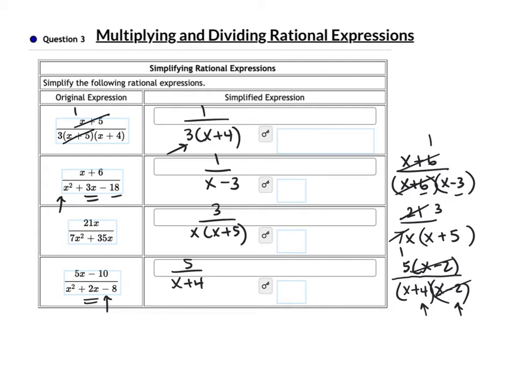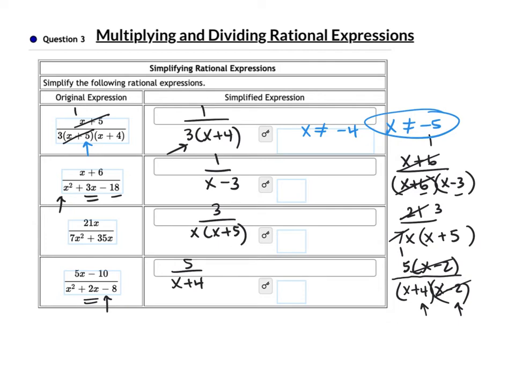Be aware again, this question did not ask for restrictions, but here, for example, you know that x could not be negative 4, but more importantly, this was canceled. You know that x could not be negative 5. You wouldn't know that unless you said that, so it becomes important, especially if it's canceled out and it's gone.